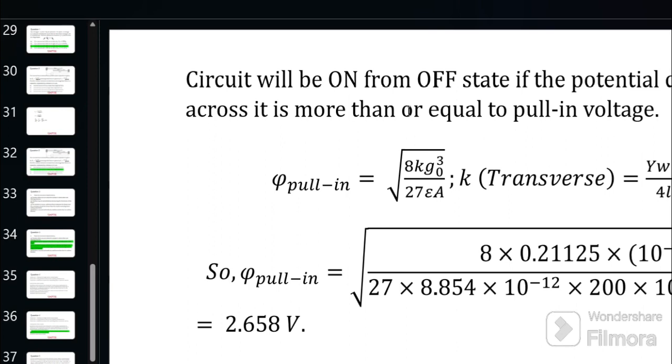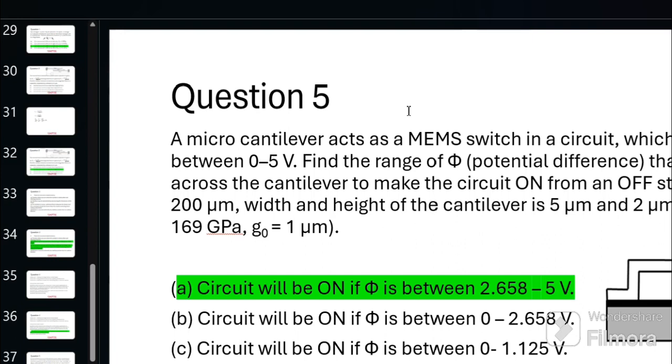And so from that you know that the pull-in voltage is 2.65. As I said earlier, the circuit will be on when the voltage exceeds the pull-in voltage.